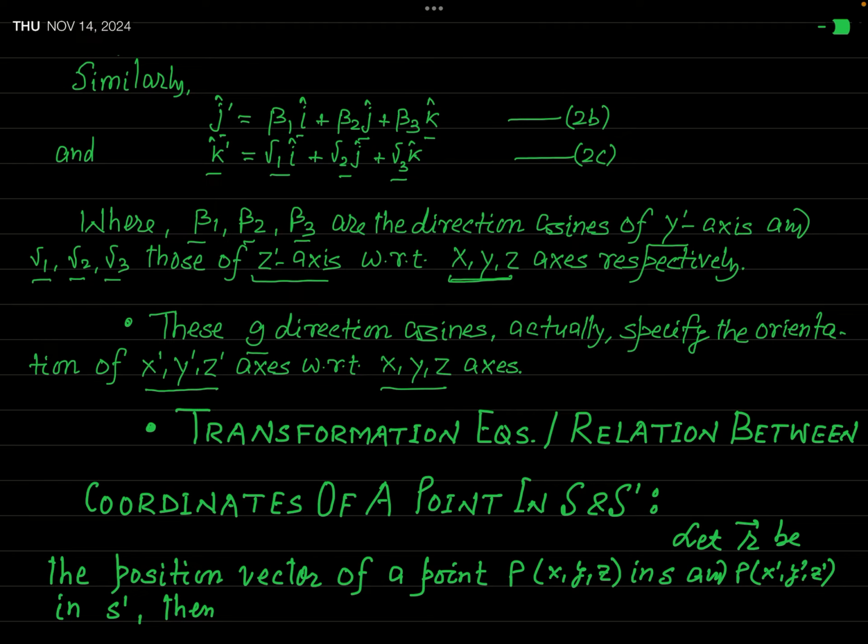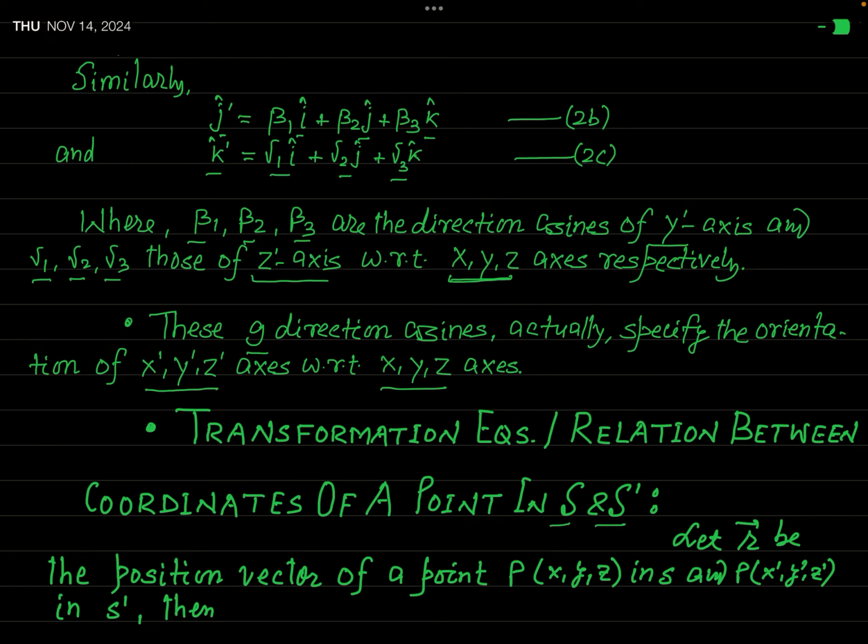Now, as I have told you earlier, the prime aim of this lecture is to know about the transformation equations. When you say transformation equation, what does it mean? It means you have to find a relation between the coordinates of a point in frame S and in frame S prime.